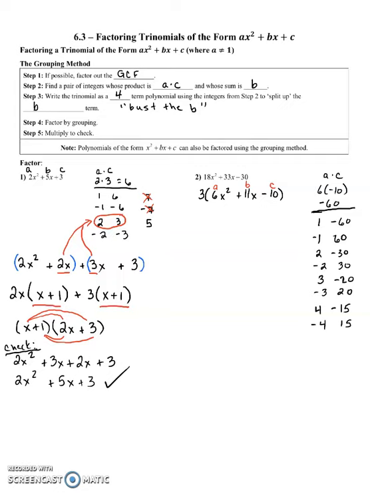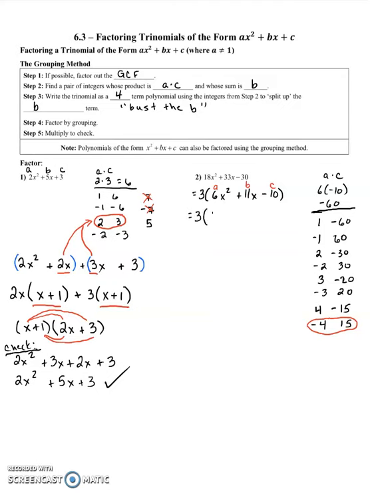And I've been adding in my head as we go. So 1 and negative 60 gives us negative 59. Remember, we're trying to get a positive 11. So we get a positive 11 when we do negative 4 and 15. Those add up to be positive 11. So we still have the 3 hanging around out front.